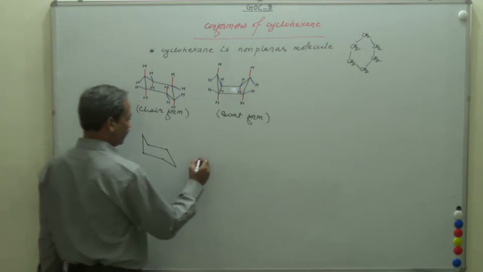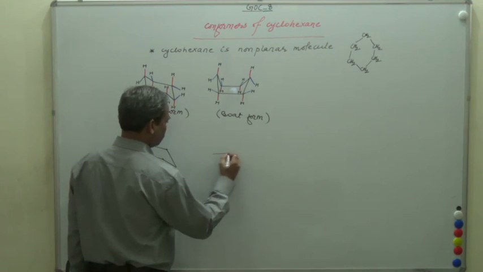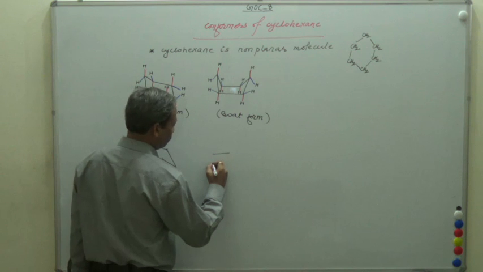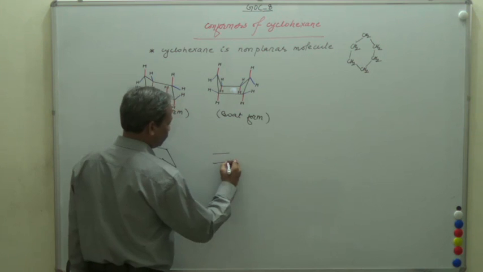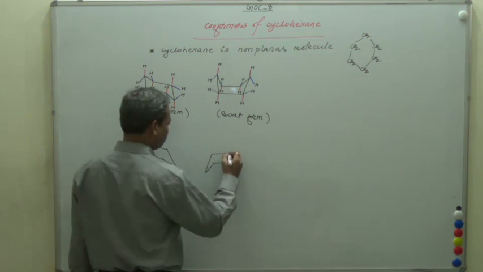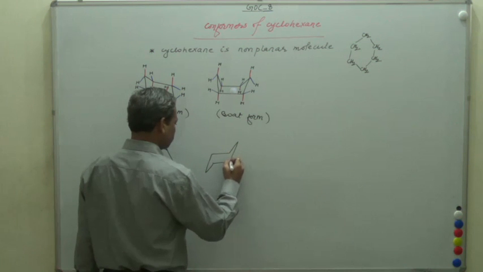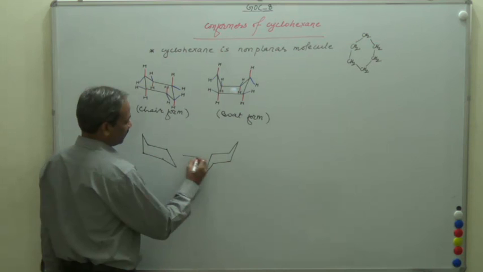So this chair can be converted to other isomers. So chair form can be of this type or it can be of this type.